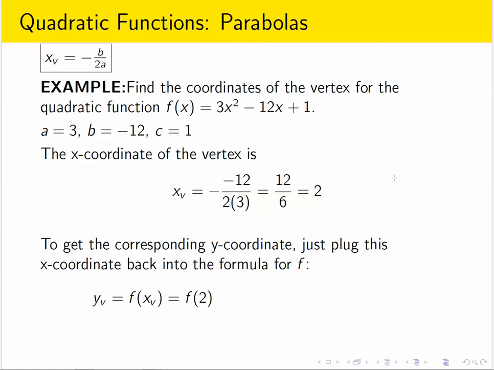To get the y-coordinate of the vertex, I can use the fact that I know the x-coordinate and plug it in to the formula for the function f. That will give me the y value that goes with that x value. So I just get the y-coordinate of the vertex by plugging the x-coordinate into f.